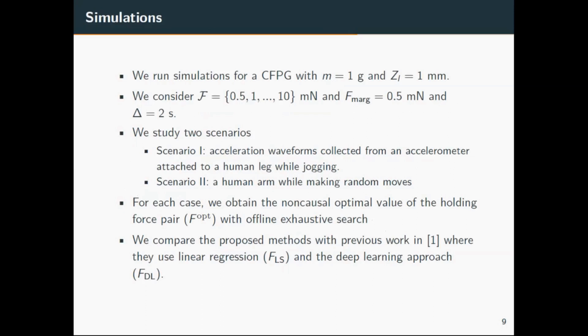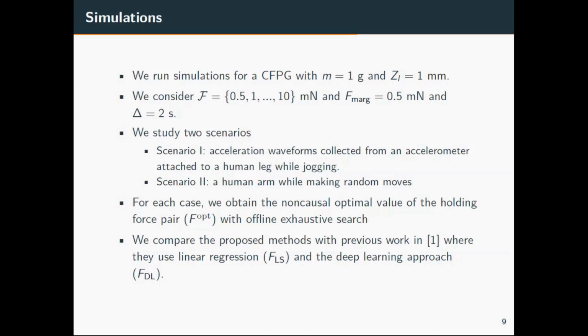So for the simulation, we use typical values for typical parameters: 1 gram for proof mass and the distance between two plates, 2 millimeters. This is more or less typical. And for electrostatic force, we use 11 different discrete values: 0.5, 1, 2, 3, 4, up to 10.